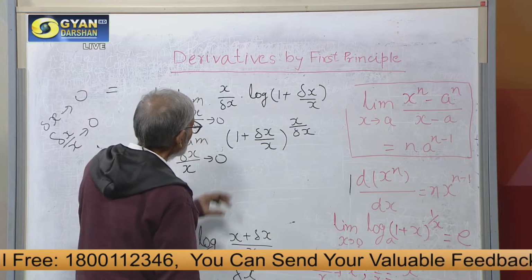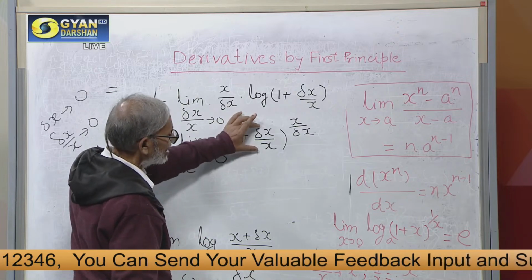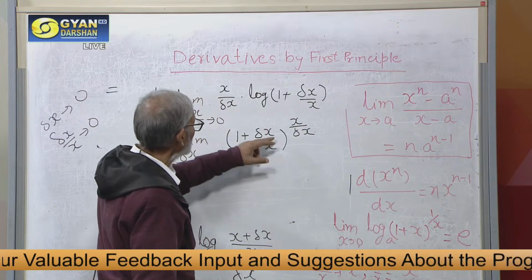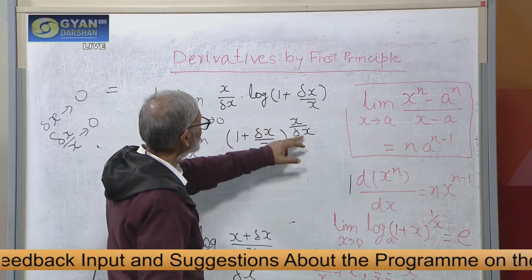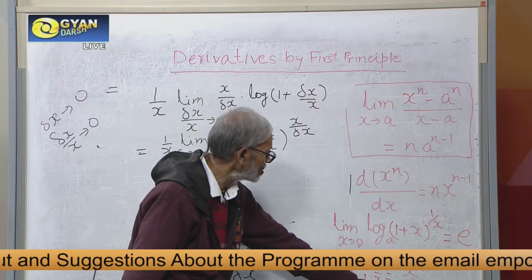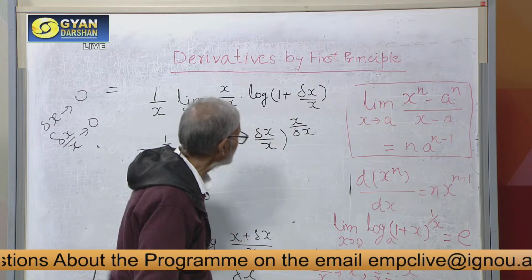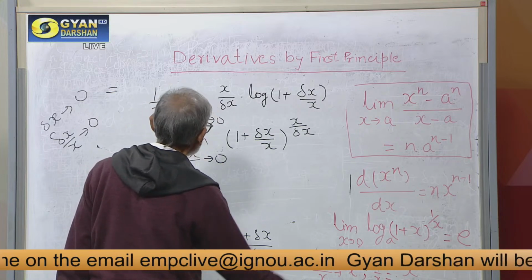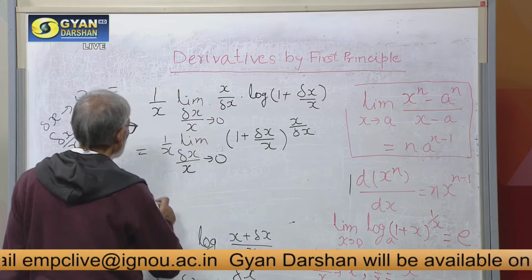So, if I take delta x upon x as x here, 1 by x will be x upon delta x, it will be reversed. So, this value will become e.